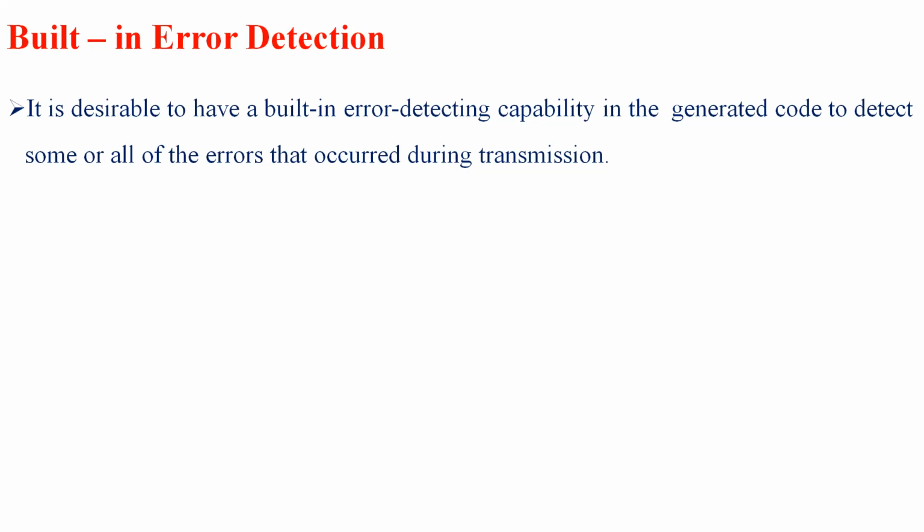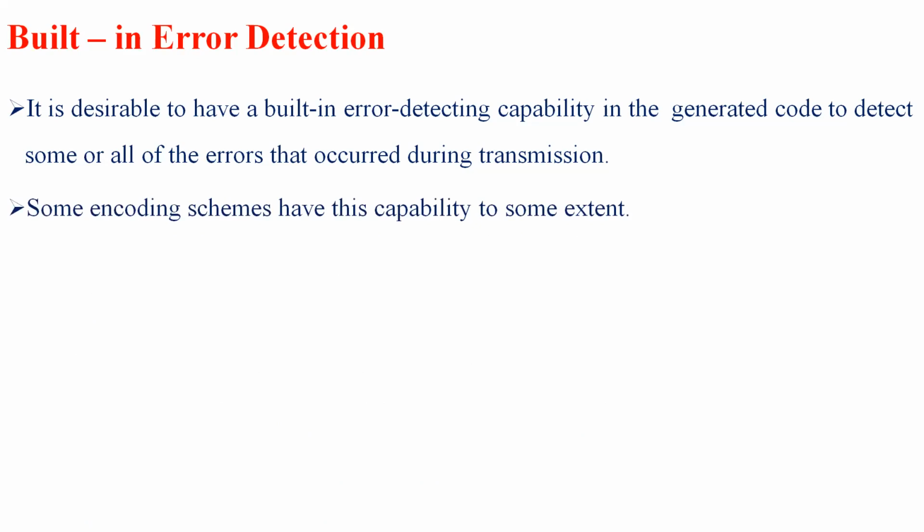Systems with this capability will generate a code in order to detect some or all of the errors that occurred during the transmission period. Some encoding schemes also have this capability.